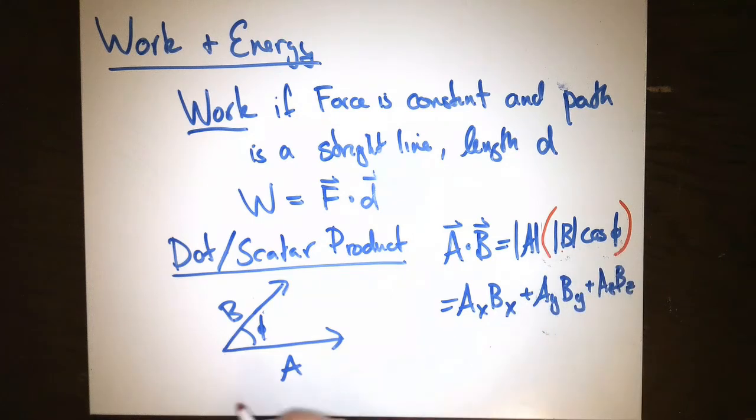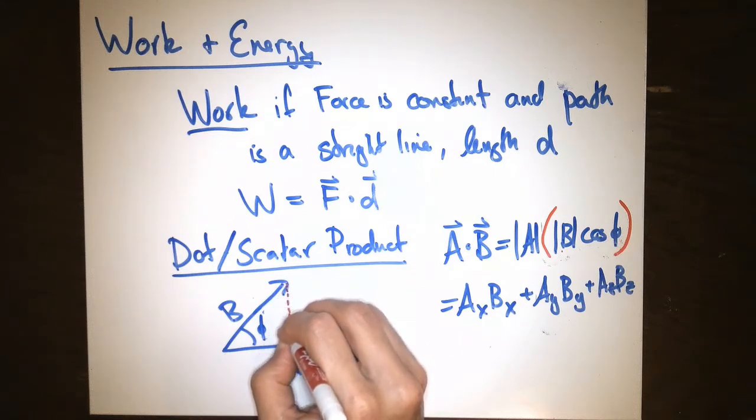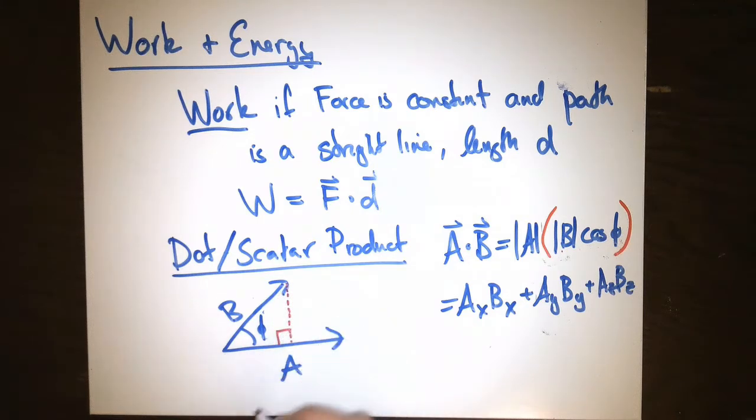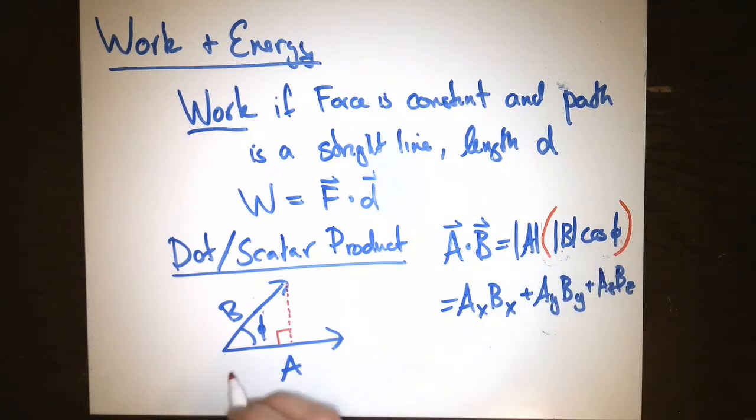And if we divide it up into components and draw in our little right triangle, the hypotenuse times the cosine is going to be the adjacent side. So that is B times the cosine of that angle. It is the component of B which is parallel to the A vector.